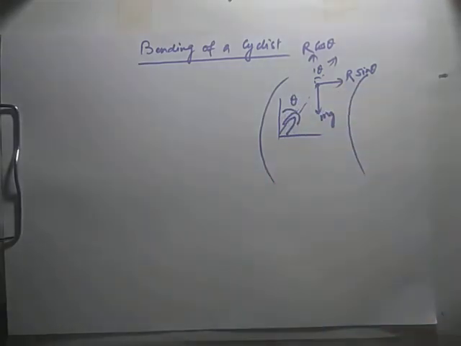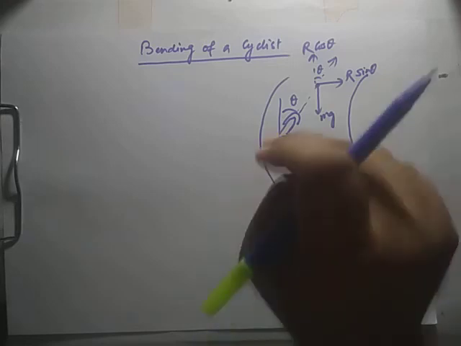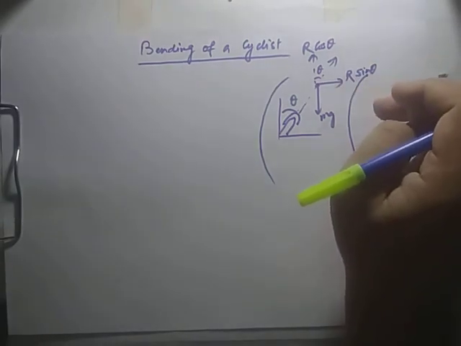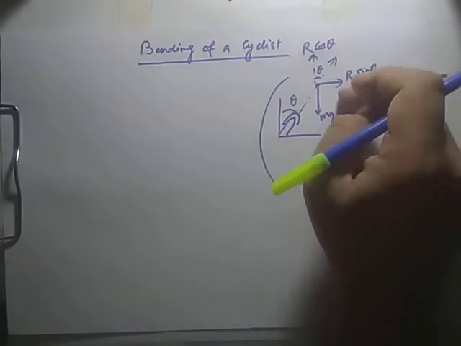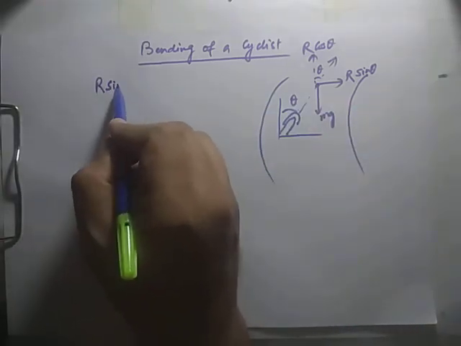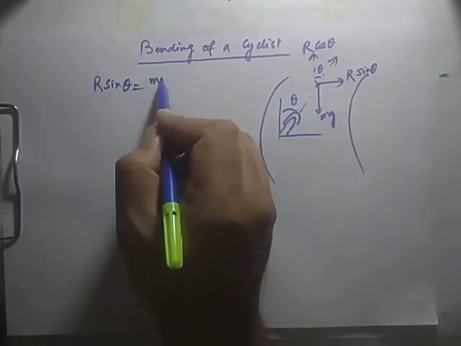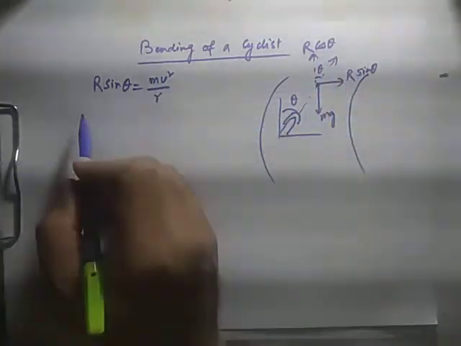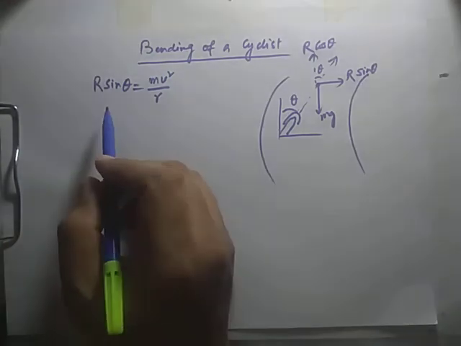So the question is that when a cyclist negotiates a curve, he bends slightly from his vertical position. So we find out how much maximum he can bend, or take a sharp turn. That is, we find out how much theta is. From the expression, you can find that R sin theta will provide the centripetal force. So R sin theta is equal to mv square by r, and R cos theta is equal to mg.